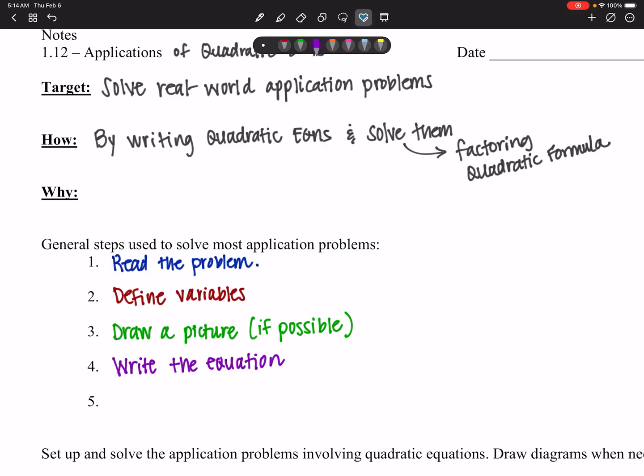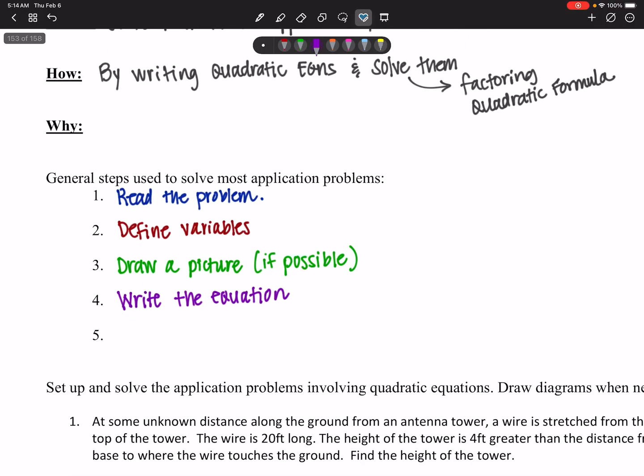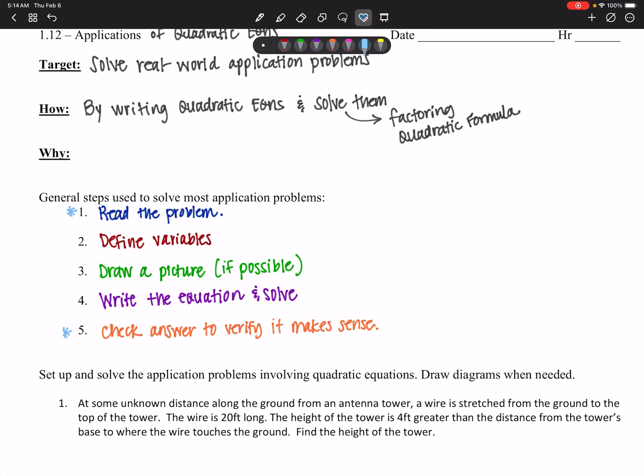So we'll write the equation that describes the situation, and then after solving, we will always check our answer to verify it makes sense. And I would say that sometimes it's the first step and the last step that I end up shortcutting. So we're going to try to create a habit where we're not doing that.